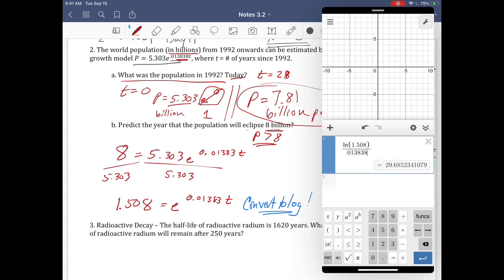But again, the other alternative is, rather than straight up solving, remember what we talked about in the previous video, we could graph y equals 8.